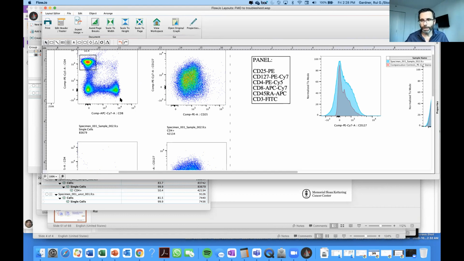But it's difficult because in this case you would need an FMO for each patient, which will never happen in practice. So there are some caveats to FMOs. I think we mentioned this in other sessions. It's not a perfect control, but it's by far the best control for gating. But for optimizing, I think it's a really nice tool to troubleshoot your panel.